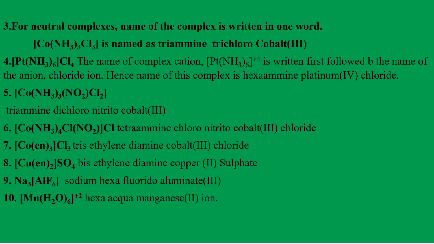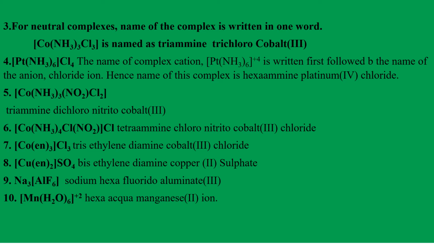Next, Na3[AlF6]. There are 3 monovalent cations outside. So what would be the complex anion? [AlF6]3-. How to name it? Sodium, and Al is the central metal atom and F is the ligand. How many ligands are there? 6. What is F called?